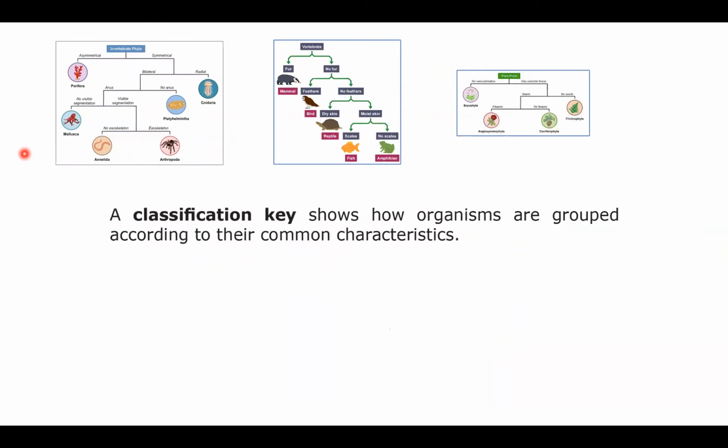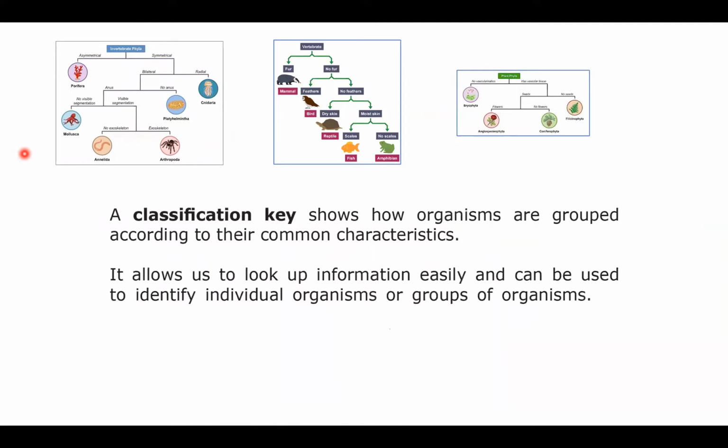A classification key shows how organisms are grouped according to their common characteristics. It allows us to look up information easily and can be used to identify individual organisms or groups of organisms.